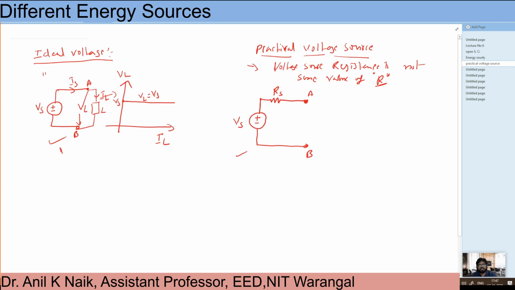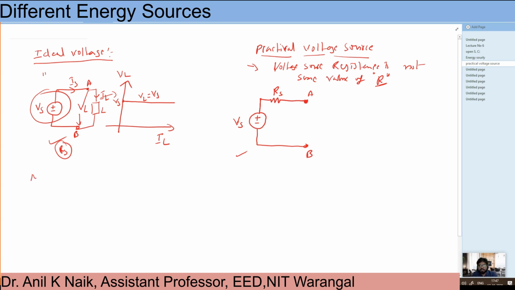In the ideal source I am not considering any internal resistance of this voltage source, but in the practical case we do not omit the internal resistance, so we need to represent that. So Vs in series with Rs can be called the practical voltage source.